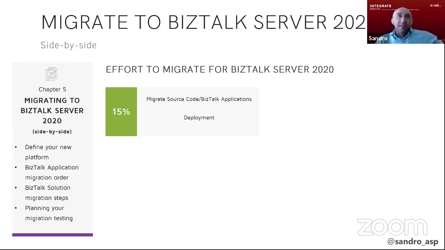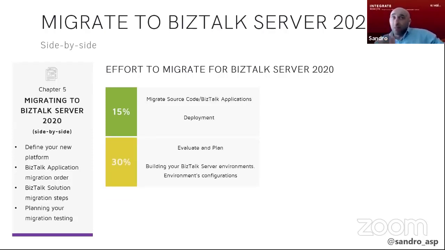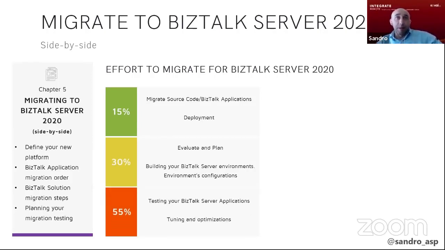I said last year, and I continue to say the same, 15% of the effort is to migrate the code. 20% of the effort of migrating a BizTalk environment is to evaluate, plan the migration, and build environments. And more than half, 55%, is about testing the applications, tuning, and optimizations.